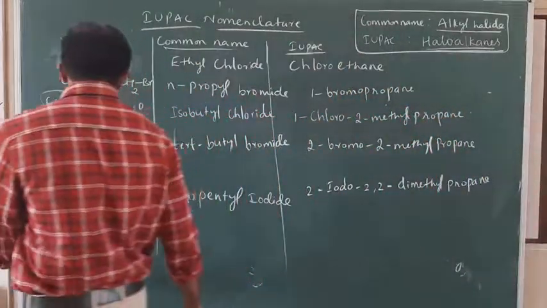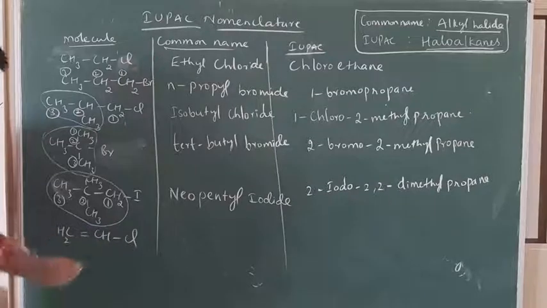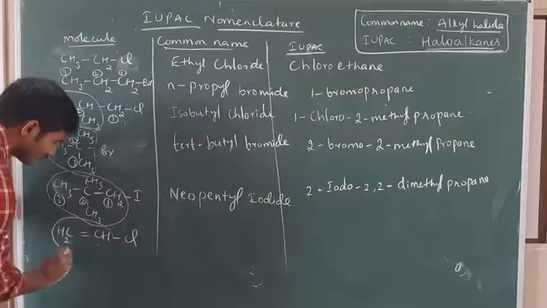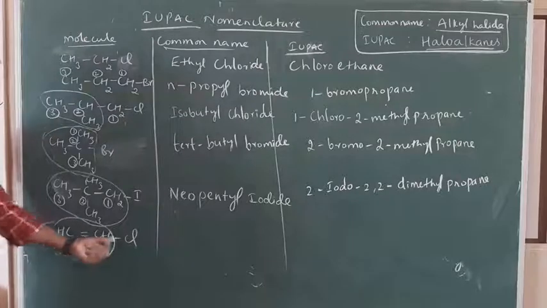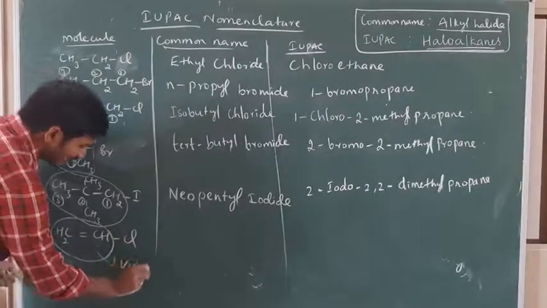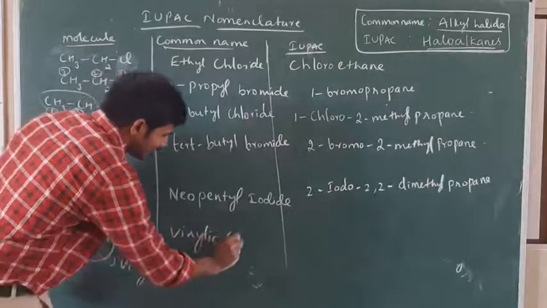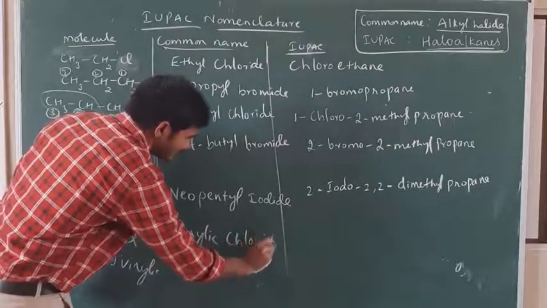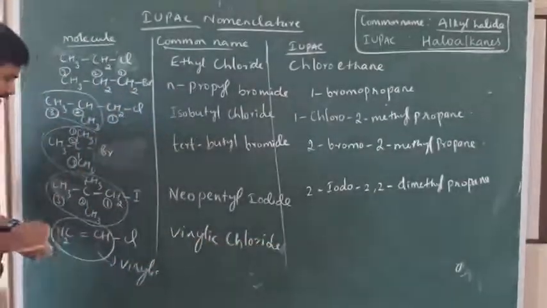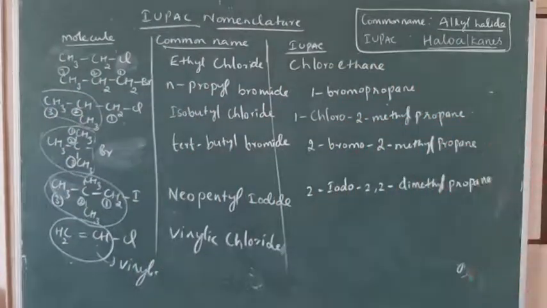Okay. Next one. In this molecule with Cl, this carbon is sp2, and the next one is also sp2. When the halogen is directly attached to an sp2 carbon, what is it? These, I told you, are vinylic. So vinylic fluoride. These are common names.